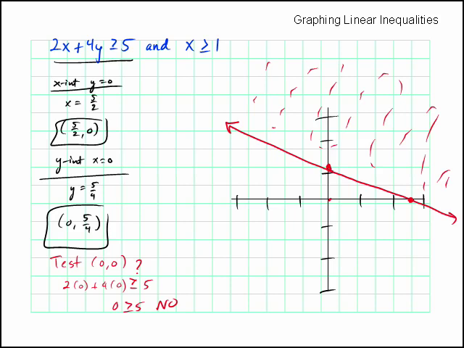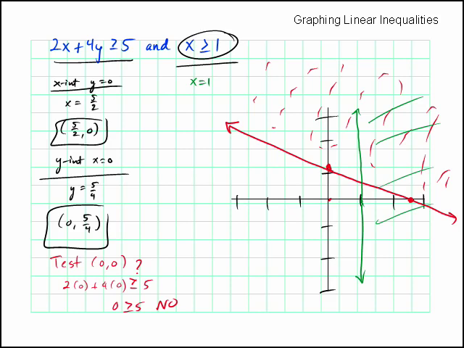Now I go to the next one, x greater than or equal to 1. Let's use green for that. The boundary line is x equals 1. That's a vertical line right here. It's going to be a solid line. And it says shade to the right because it says x greater than 1, which would be on this side. There.